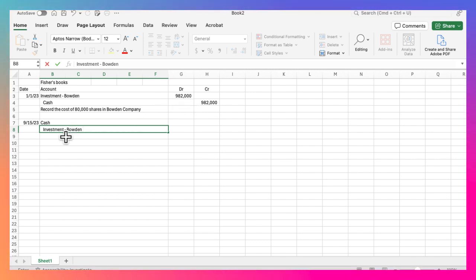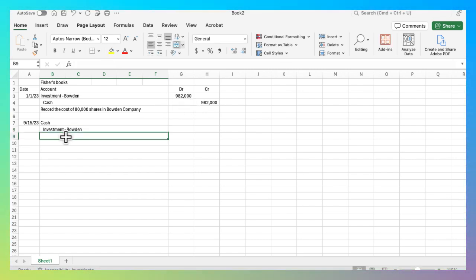Now we need to figure out the dollar amount. They tell us that they pay annual dividends of $100,000. But remember, we own 40% of that.